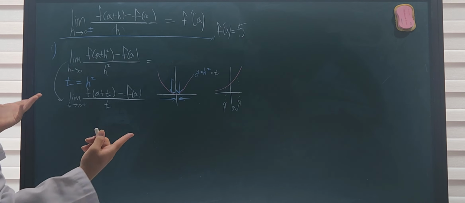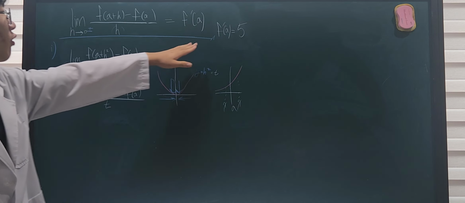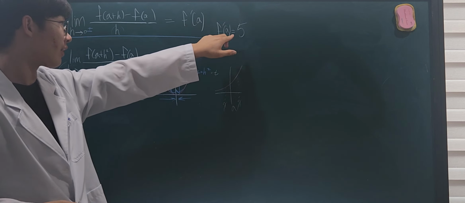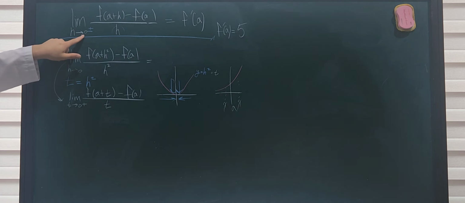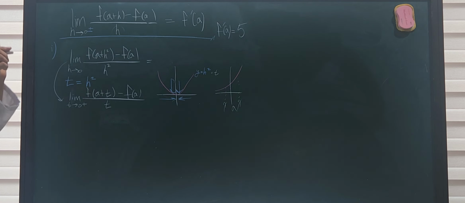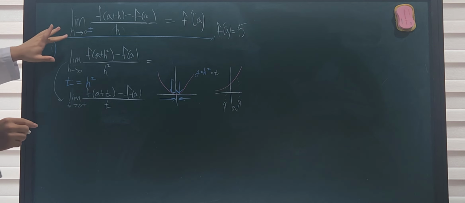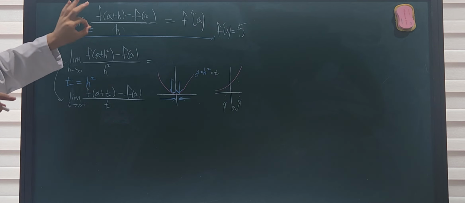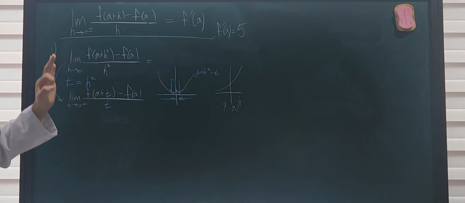However, fortunately, we are able to calculate this value directly, because for f prime a to be converging into a fixed value of 5, the limit when h approaches 0 from the positive and the negative side should be equal to each other. So this implies that the limit when h approaches 0 from the positive side is also 5, and the limit when h approaches 0 from the negative side is also 5.